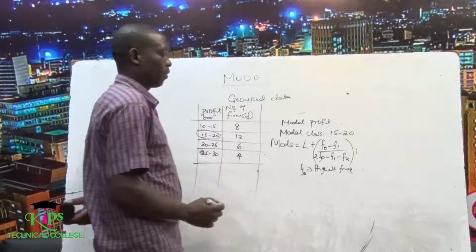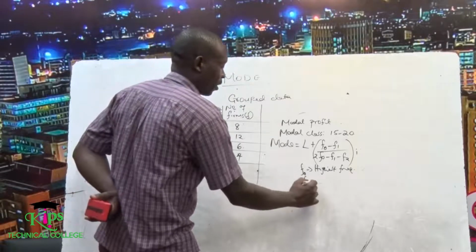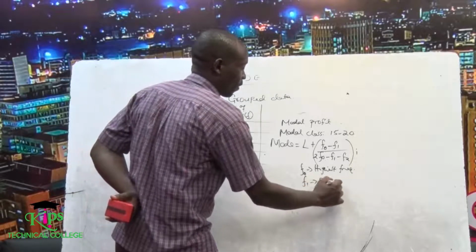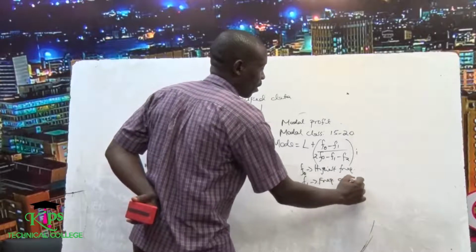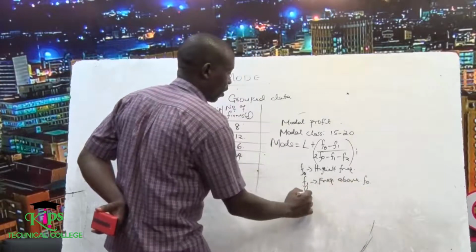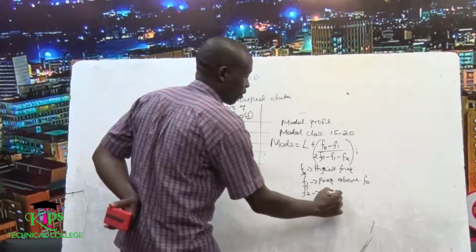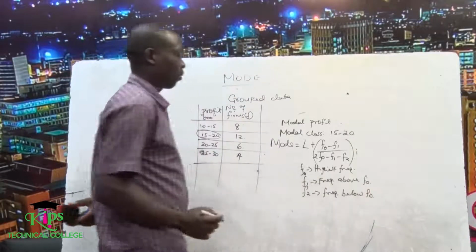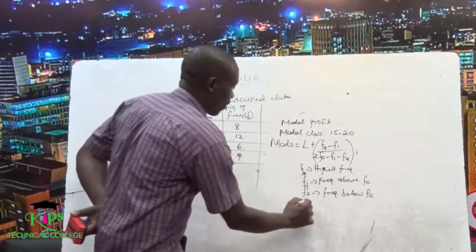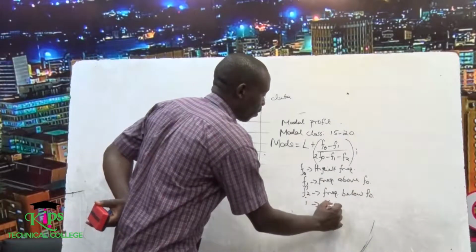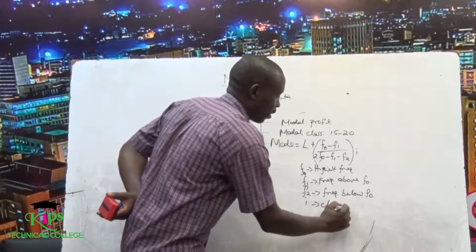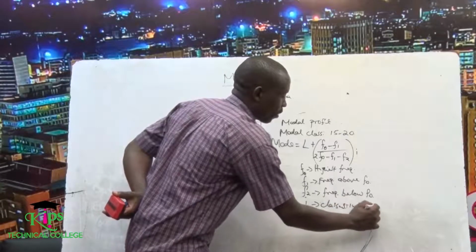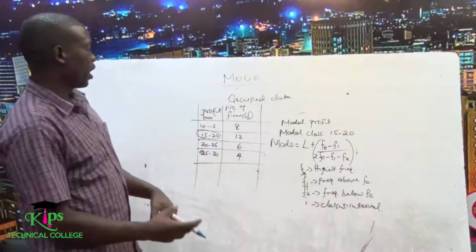F1 is the frequency above F0. F2 is the frequency below F0. And i is the class interval. So we need to get them.